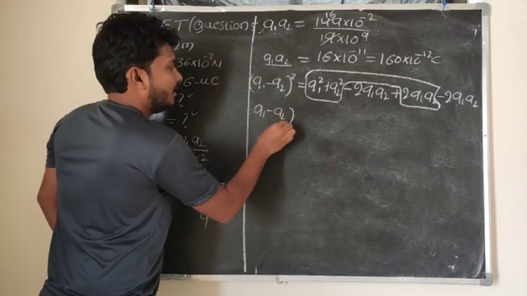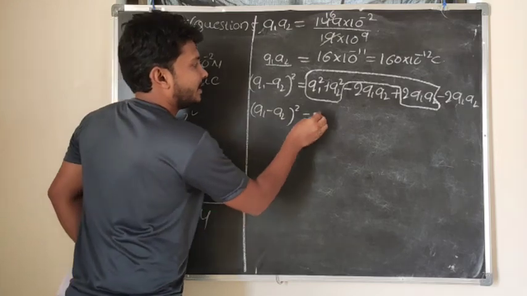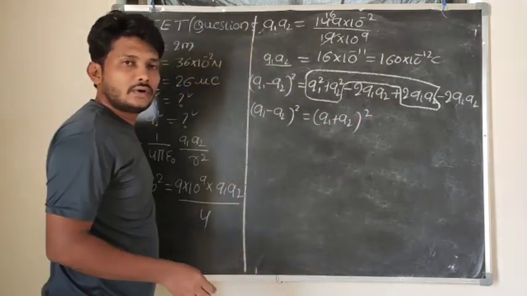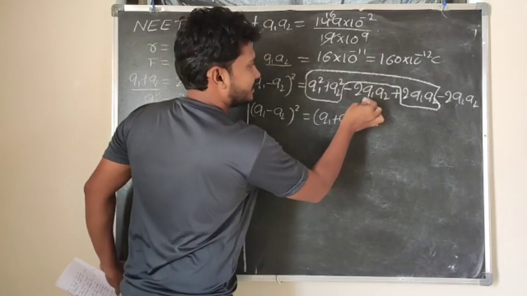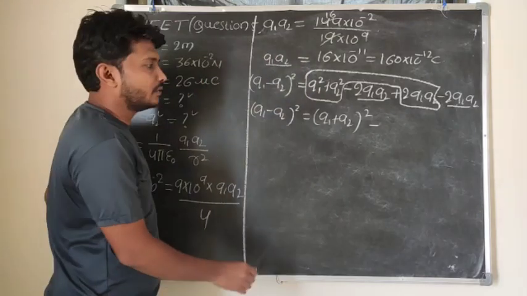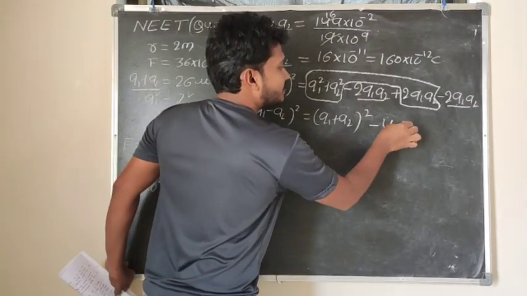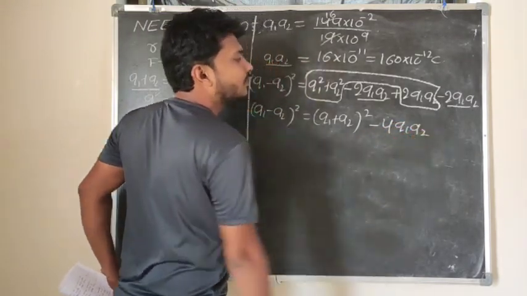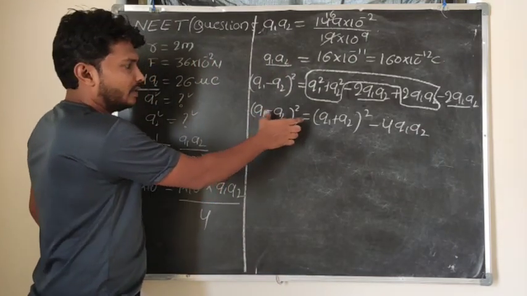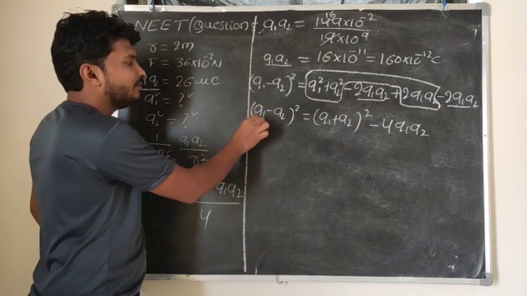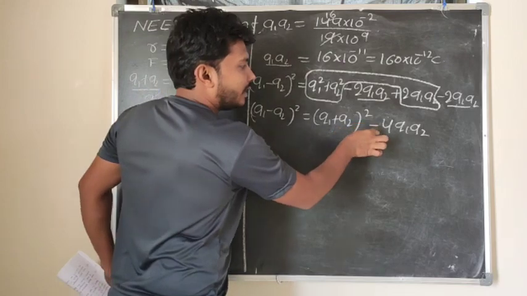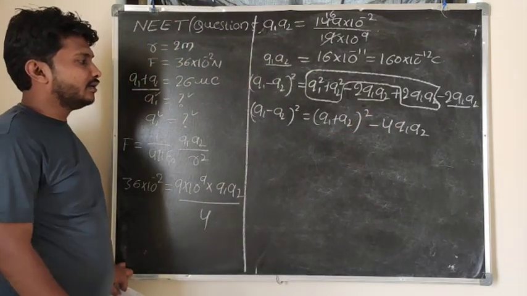So (Q1 minus Q2) whole square is equal to (Q1 plus Q2) whole square minus 4 times Q1 into Q2. Most of the time we will use this equation, so it is better to remember it.